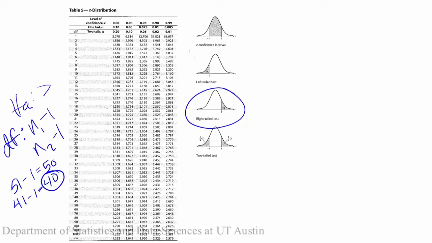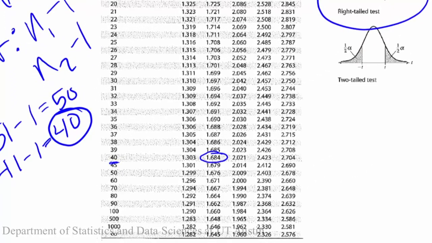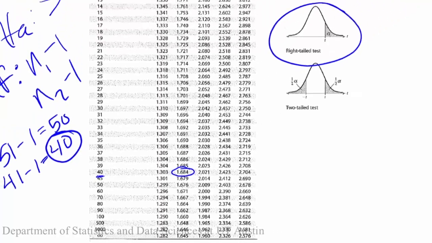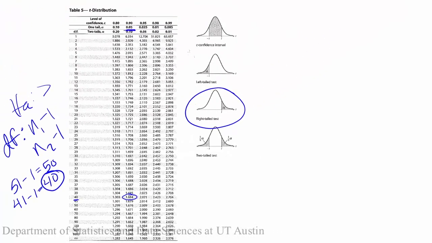Since 40 is the smaller value, we will use that as our degrees of freedom in this test. So for a one-tailed test at a p-value of 0.05 and a degrees of freedom of 40, we have a t-critical value of 1.684. Now we need to compare this value to the t-statistic we calculated.